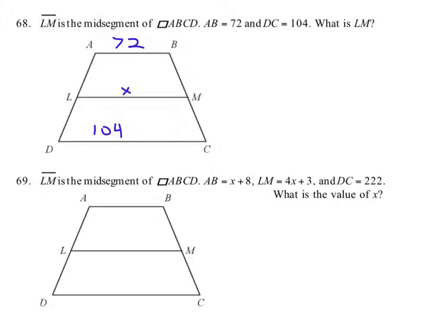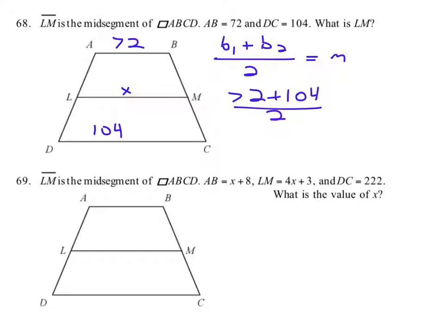And I know that you can take the two bases. Basically, you have base 1 plus base 2 divided by 2 should equal the mid-segment. Okay, so what is base 1? 72 plus base 2, 104 divided by 2 will equal that mid-segment.